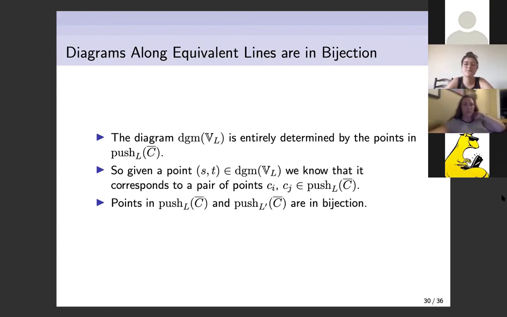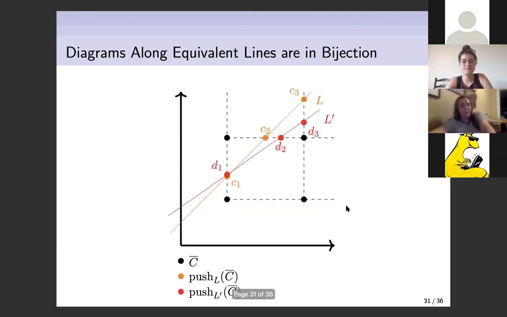So if we're given a point ST in the diagram, we know that it will correspond to a pair of points CI and CJ in the push of C bar onto L. Then we will use the fact that the sets push of C bar onto L and push of C bar onto L prime are in bijection to obtain the points in the diagram of V restricted to L prime. So let's see how this works.